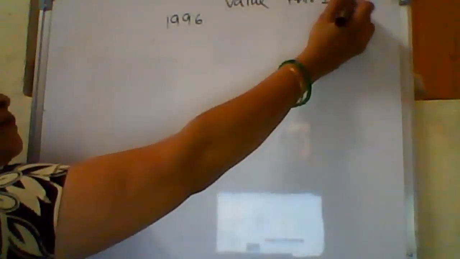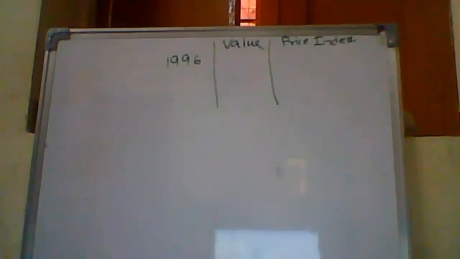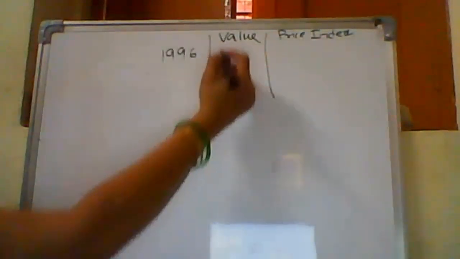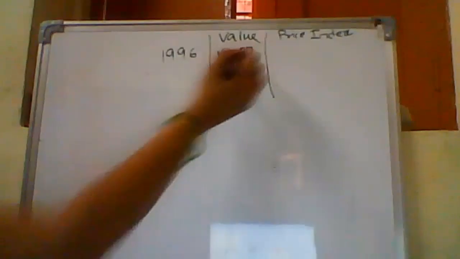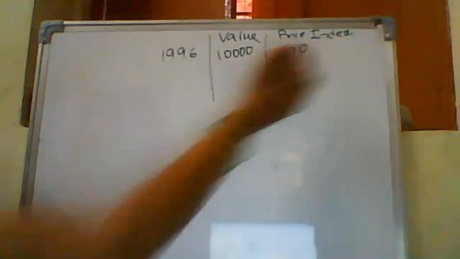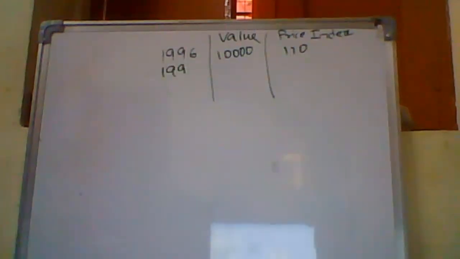What is the price index? Okay, what is the value in 1996? 10,000 is the value in 1996. What is the price index as on that date? 110.